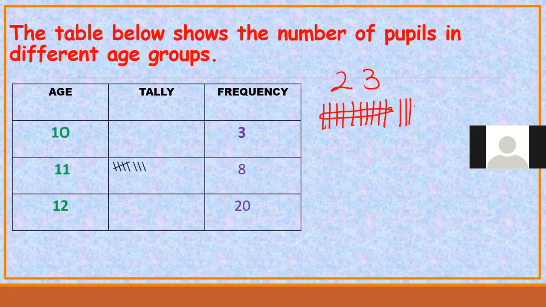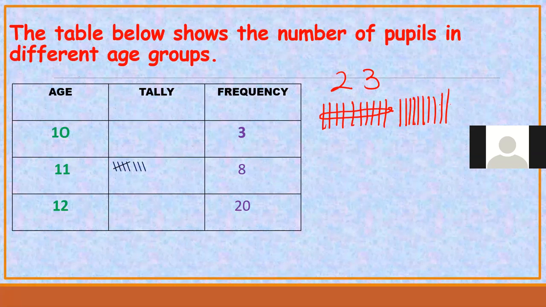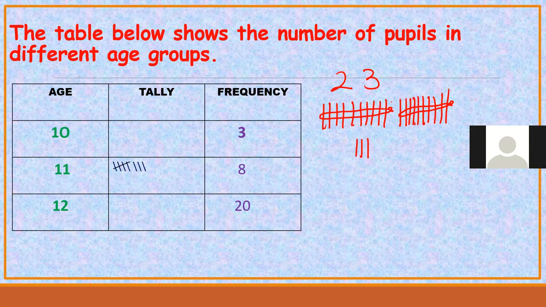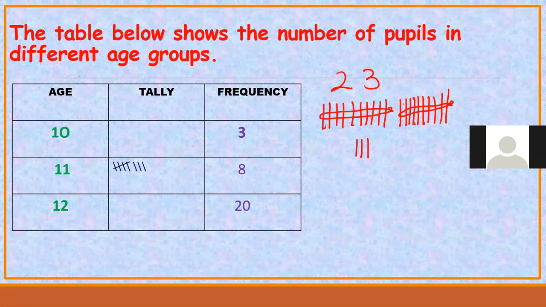Then you tie this one here. These ones are now 20 plus your 3. There are two bundles of 10s and 3 ones. You saw this one actually in primary 2, okay? But this was counting in bundles.